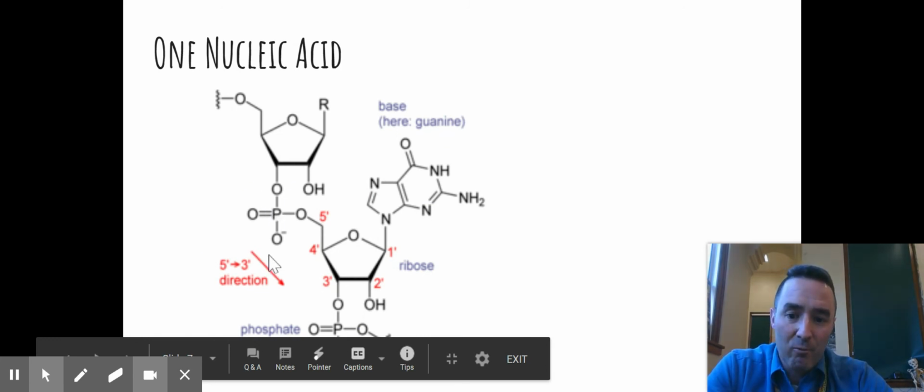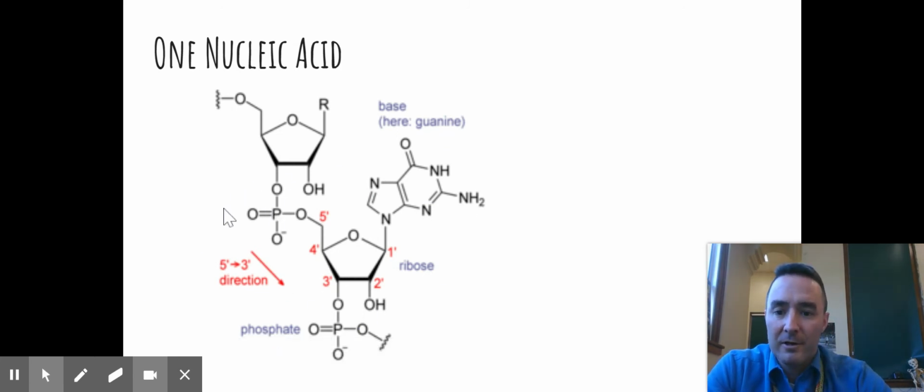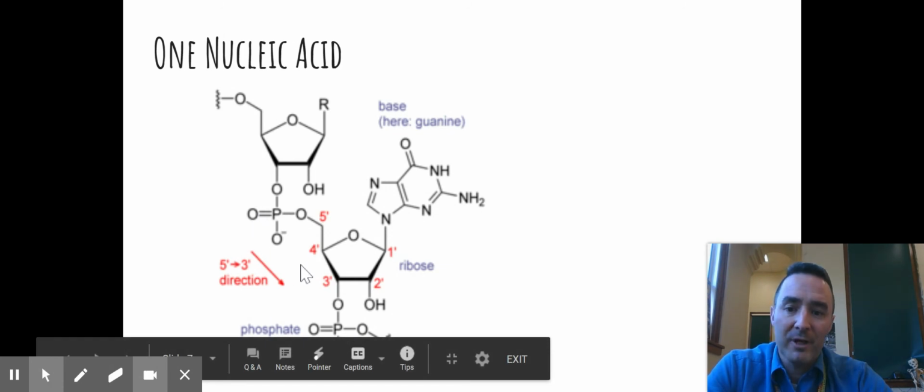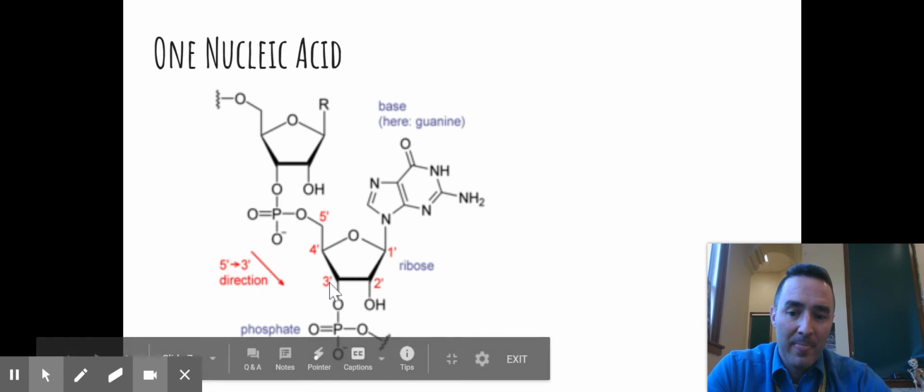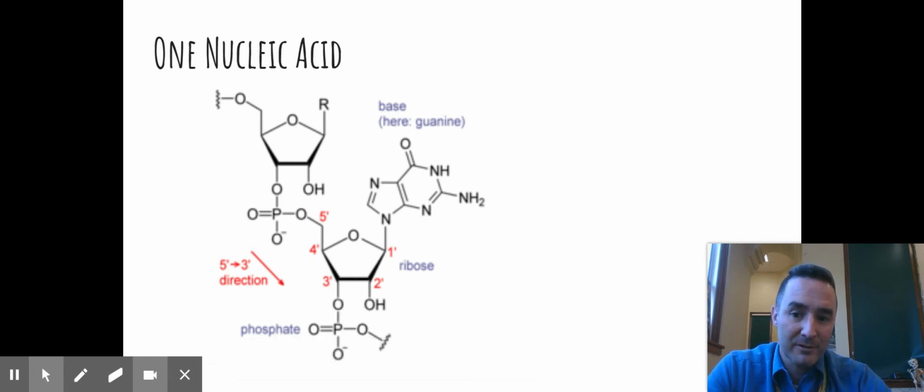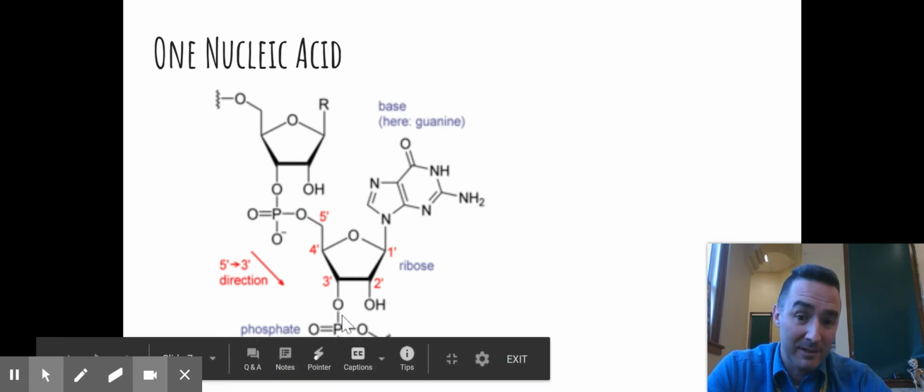So it's just that one unit here. So you can kind of see how things are going to begin to get linked when you're doing multiples. Phosphorus, sugar, base. So there's a little foreshadowing of how things are going to get connected. Well, if you want to connect below, where are you adding the phosphorus? And what part of the sugar are you going to be connecting to?